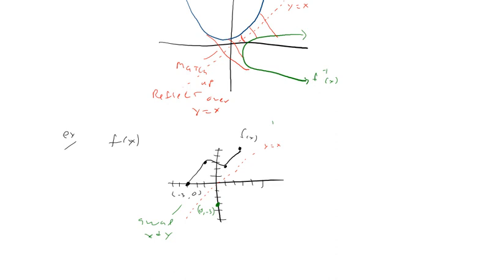My new point is 3, -1 right there. This point I got is 1, 2. My new point is 2, 1 right here. And this is 3, 5. My new point is 5, 3.